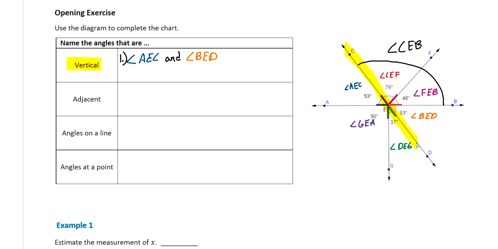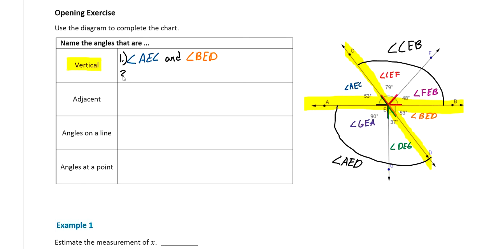So this line and this line. So what is vertically opposite? We see AED is opposite.